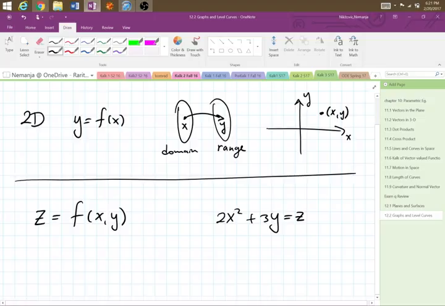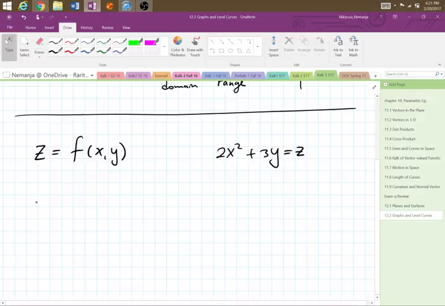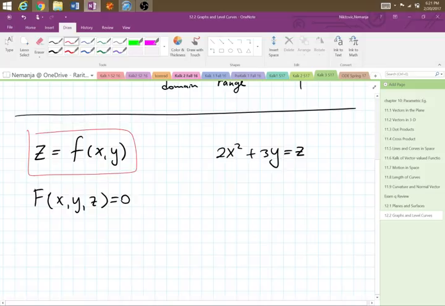So plug in a value for x, plug in a value for y, and you will compute a value for z. We can write it in implicit form as f of x, y, z equals 0. This one is later used in differential equations and so on. We are mainly dealing with this, and you have the example on the right.